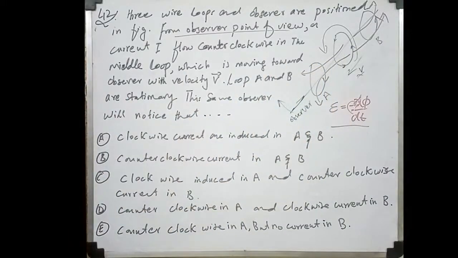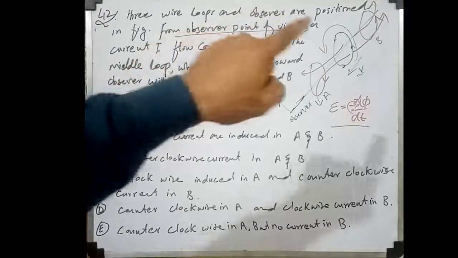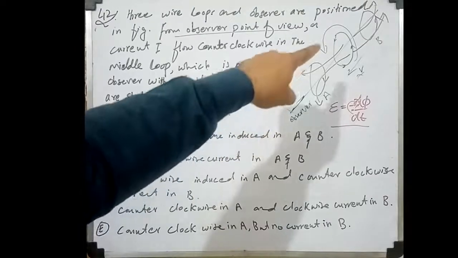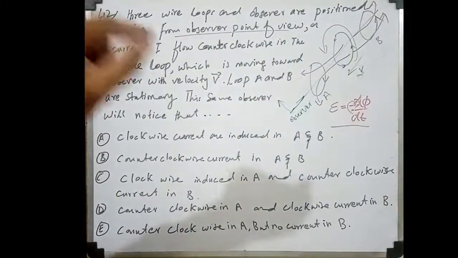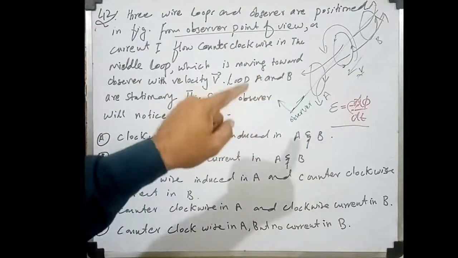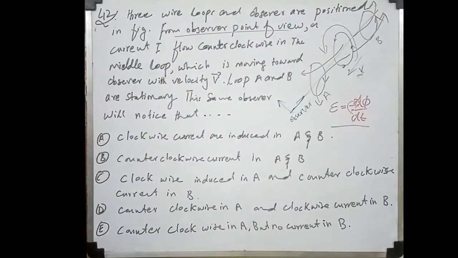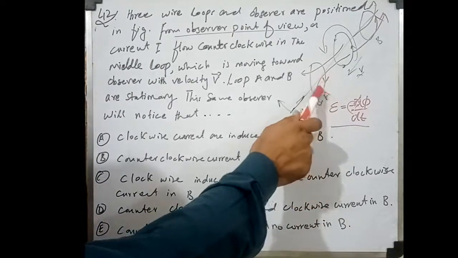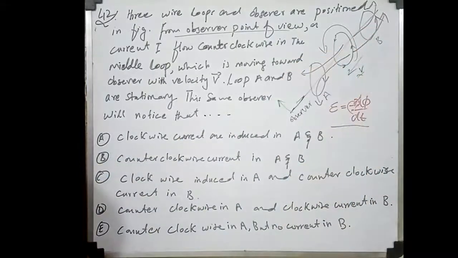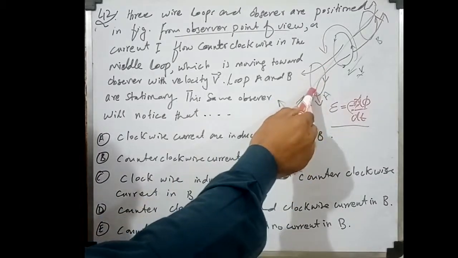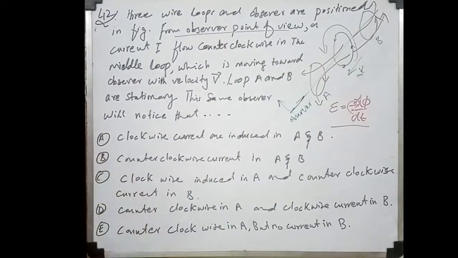So electric current will be induced in both A and B; in A it will be in the opposite direction to the middle one, and the induced current will be in the same direction in B as the middle one, because this will resist the positive change and this will resist the negative change. So this will resist the increase in flux, this will resist the decrease in flux.